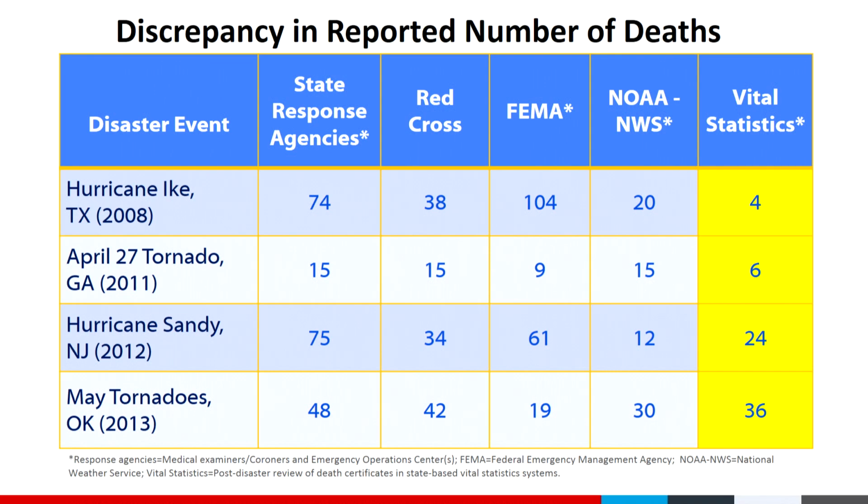But the other thing that I think is important, and I guess we're going to go into this question next, was the idea of what we want for real time. We know there is some delay in vital statistics, but with the medical examiner and the EOC, and with Red Cross and FEMA and NOAA, at the end of an event, health departments will typically do an after-action report and have a meeting.